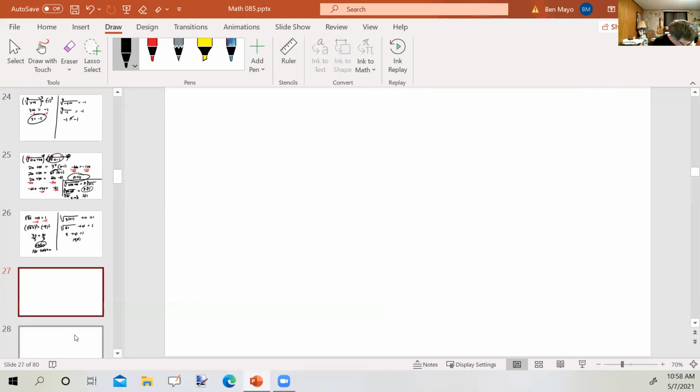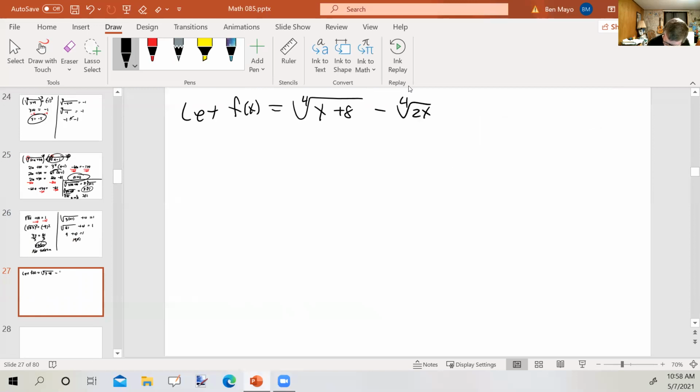Let f of x equal the fourth root of the quantity x plus 8 minus the fourth root of 2x. Then it says find all values of x for which f of x equals 0.